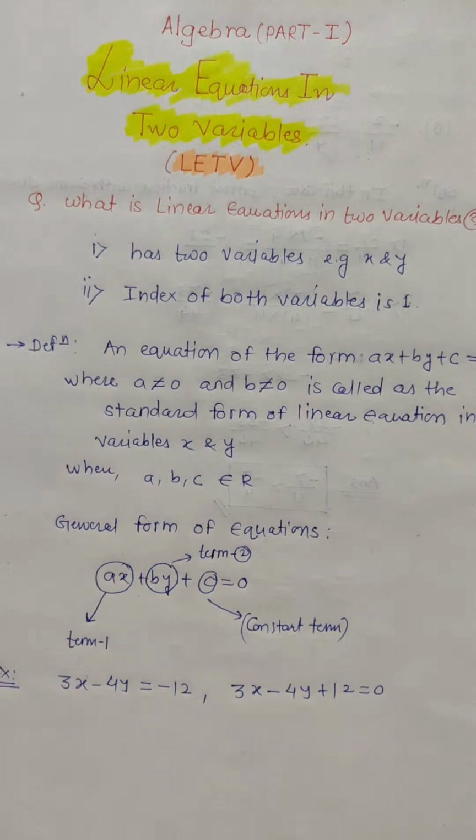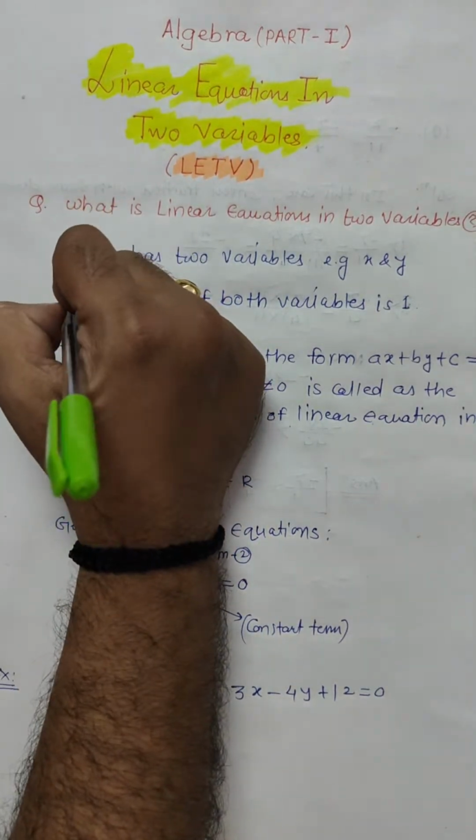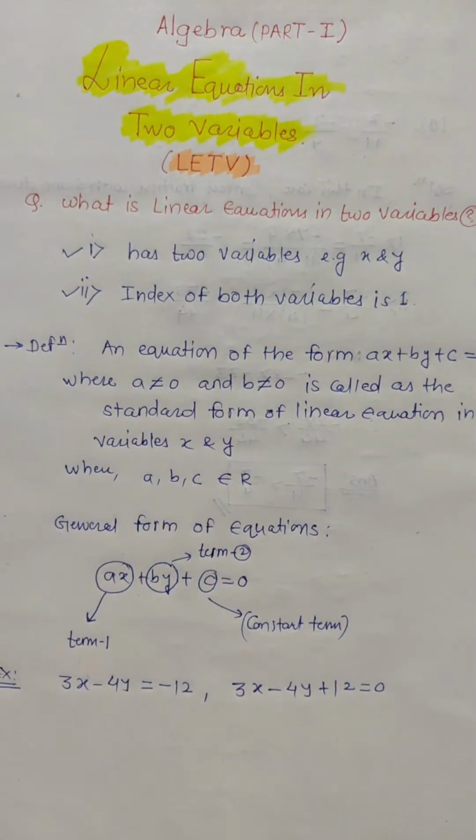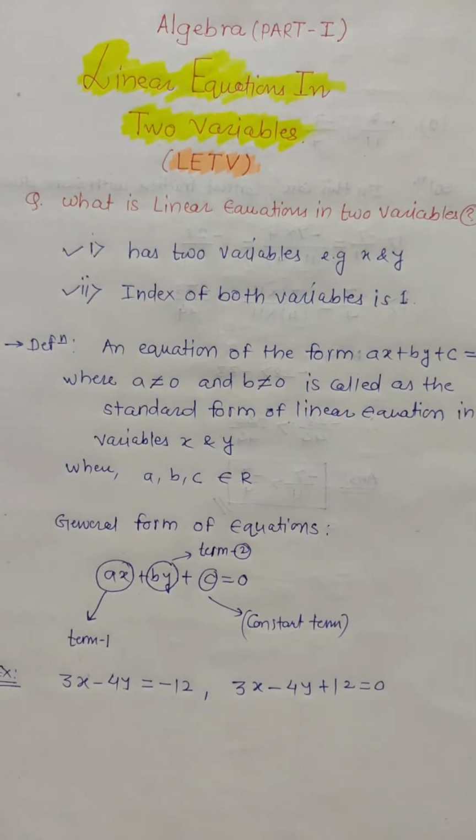For an example, we have to check out the activity: complete the following tables. These two conditions are really helpful to understand the linear equation in two variables. Firstly, it has two variables, that is x must be there and y must be there, and the index of both variables is always 1.